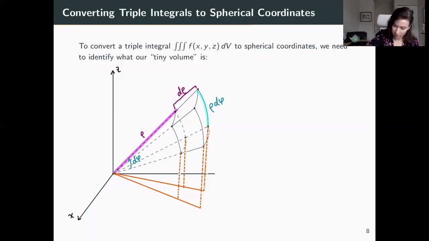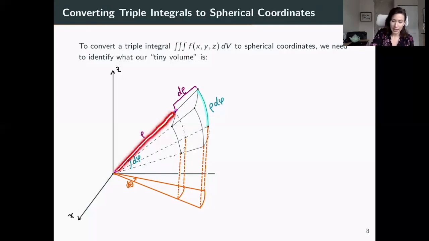So we have a new little slice down on the XY plane. The thickness of this slice has to do with our angle theta. This angle here is going to be our d theta. And now that we have d theta, just like we had this length, we can ask ourselves what this length is. This takes us back to the previous slide where we set up our spherical coordinates.